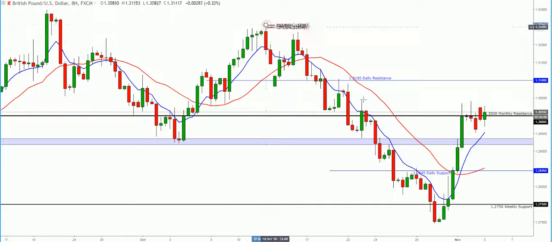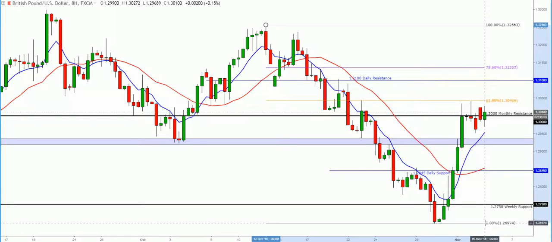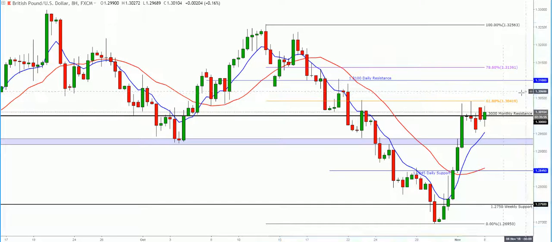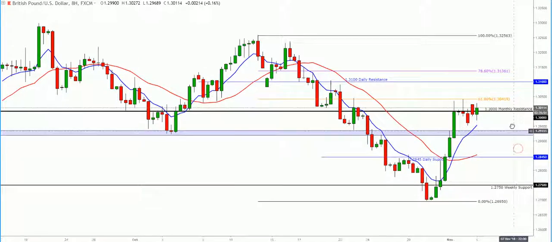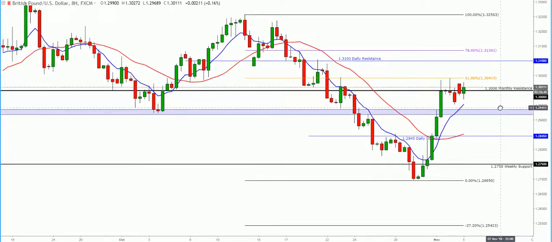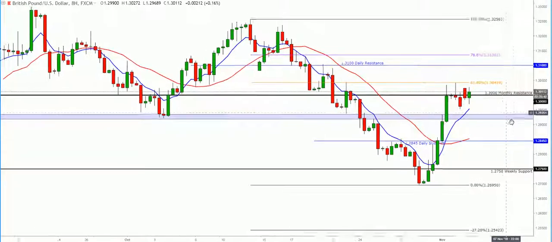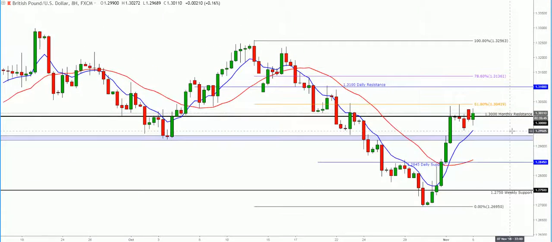If we get a Fibonacci tool on here, we can see that price has just about tapped that refined region, the 61.8% level, and so could be pulling back down. That would leave our downside targets all the way at 1.2540, and if you have been following my analysis, I have said long term there is the potential to head all the way down to that 1.2500 level.